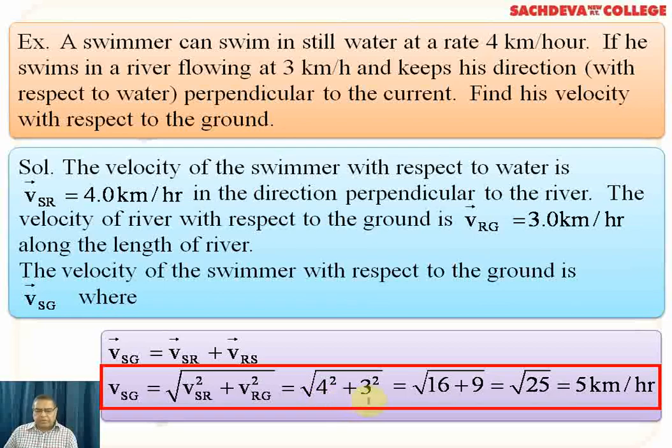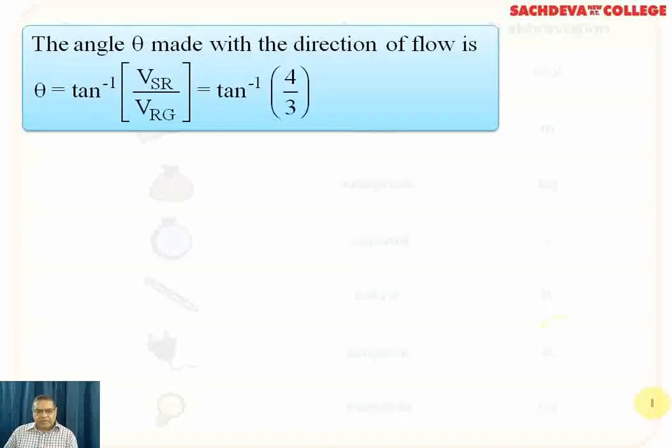So we compute the values, and that comes to be 5 kilometers per hour. The angle theta made with the direction of flow is given by tan theta equal to perpendicular over base. Perpendicular is indicated by VSR and base is indicated by VRG. So tan theta is VSR over VRG, where VSR means velocity of swimmer with respect to river, and VRG means velocity of river with respect to ground.